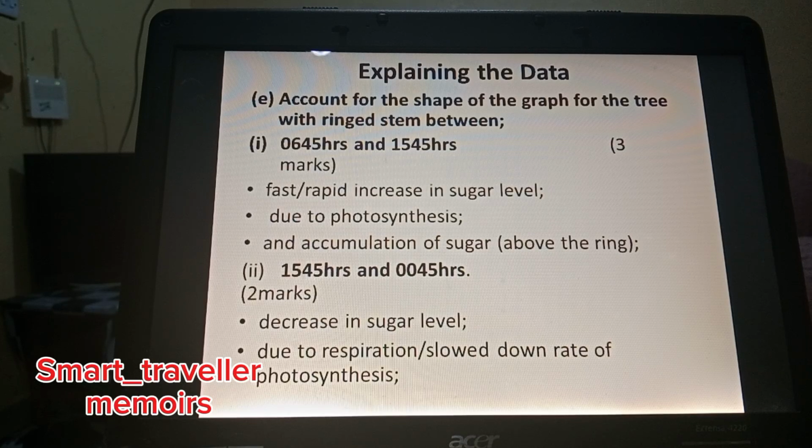Between 1545 hours and 0045 hours there is a decrease in sugar level due to respiration or due to slowed down rate of photosynthesis. So you can either say due to respiration or slowed down rate of photosynthesis, and you get a mark. You cannot get 2 marks, it's only 1. So you choose one of the two.